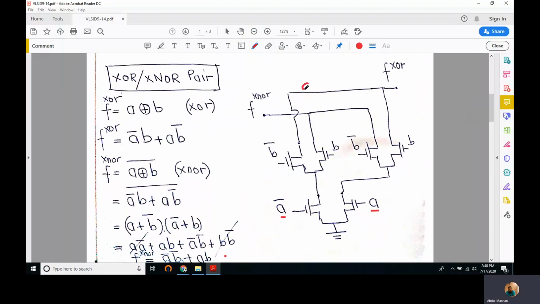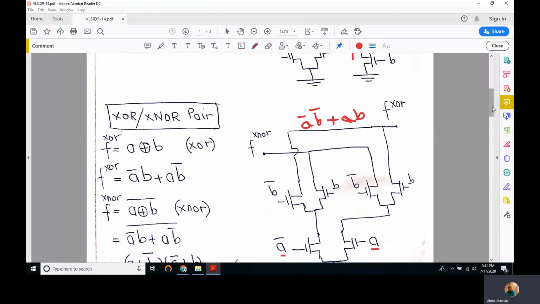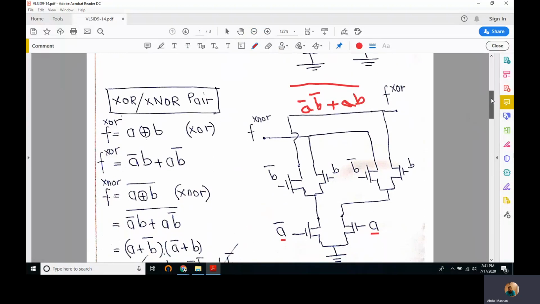Here we have A bar, B bar, and from here we had A, B plus A, B. This is the expression that we obtained for exclusive NOR. But here we are getting exclusive OR. Why? Because whatever we get here is the complement of this, as we know from the regular CMOS implementation.